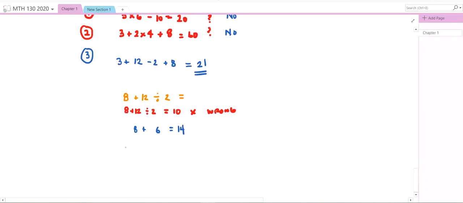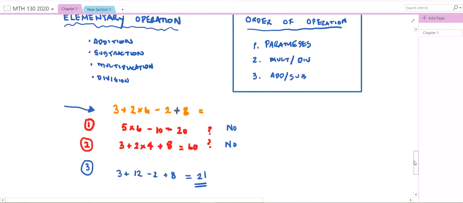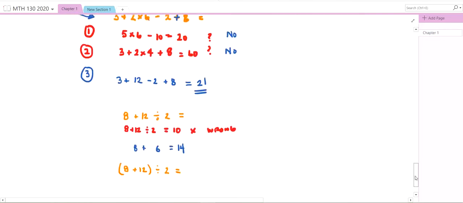However, if we wrote the equation like this, 8 plus 12 divided by 2 equals, well, that's a different story. Now that we have this in parentheses, we are saying we're going to force ourselves to follow our order of operations. And the order of operations says parentheses first.